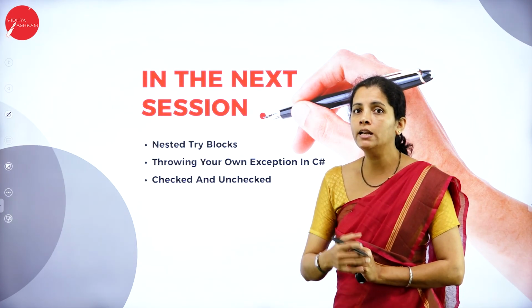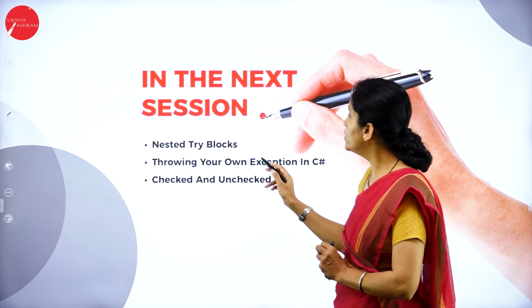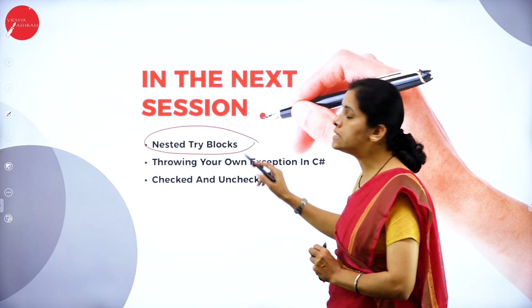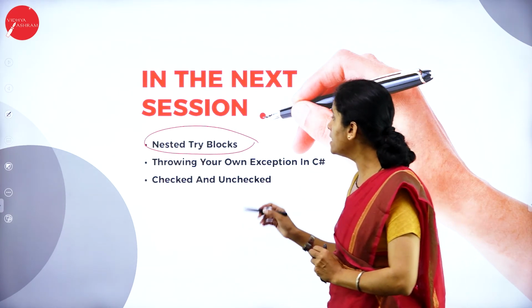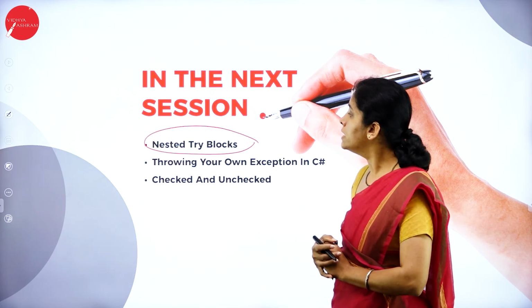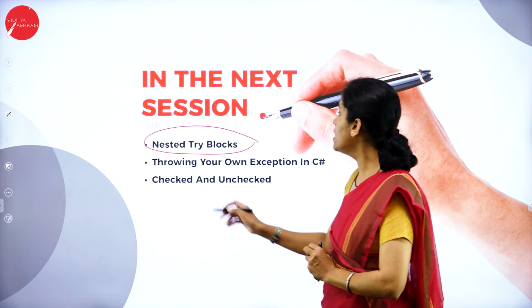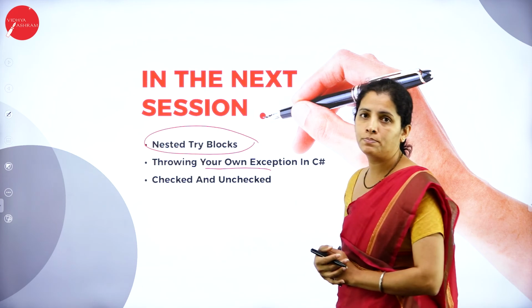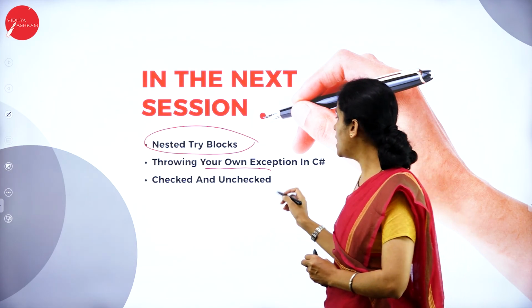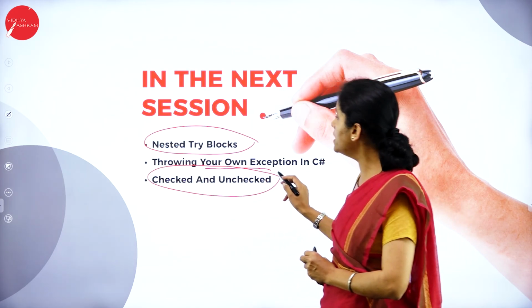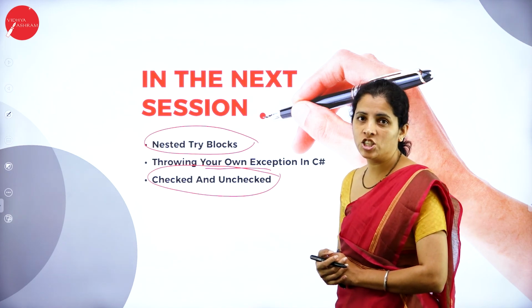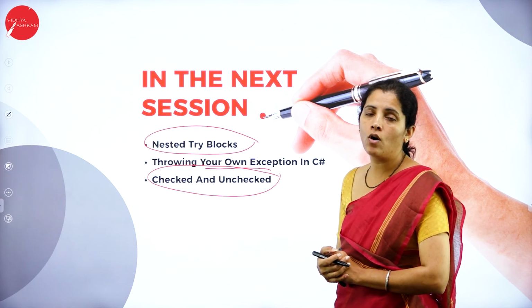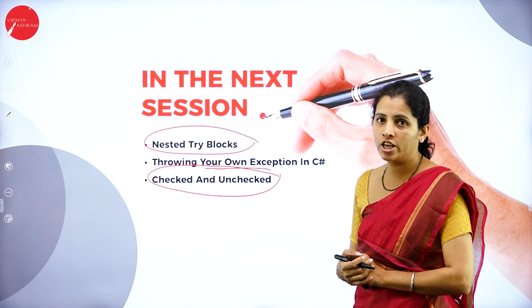Anyway, dear student, in my next session, I am going to deal with nested try block. In that, once again, I am going to deal with throwing our own exception in C#. Along with that, I'm going to deal with checked and unchecked and the need for checked and unchecked.